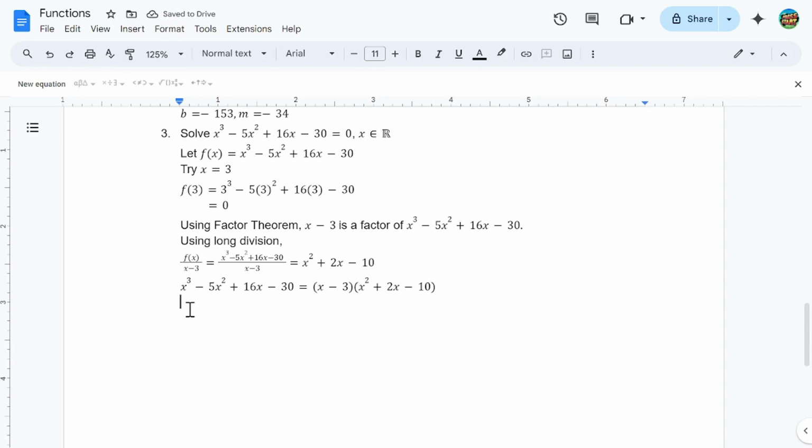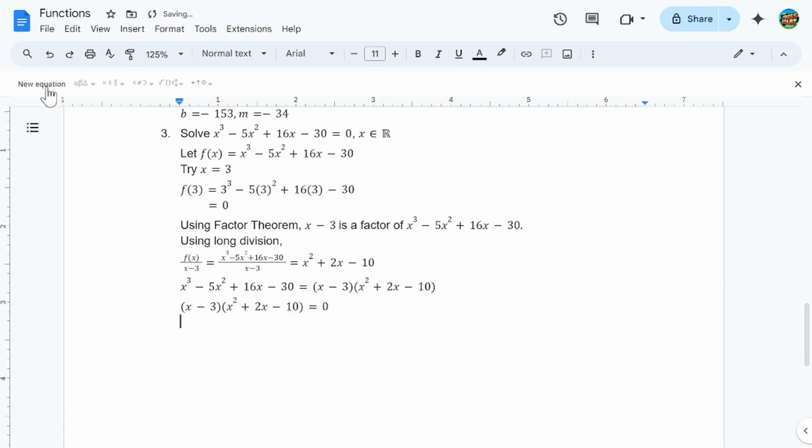So x minus 3 times x to the power of 2 plus 2x minus 10 equals 0.